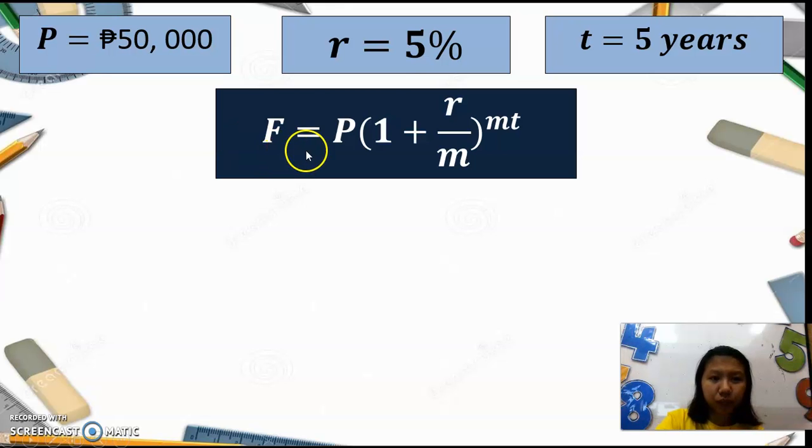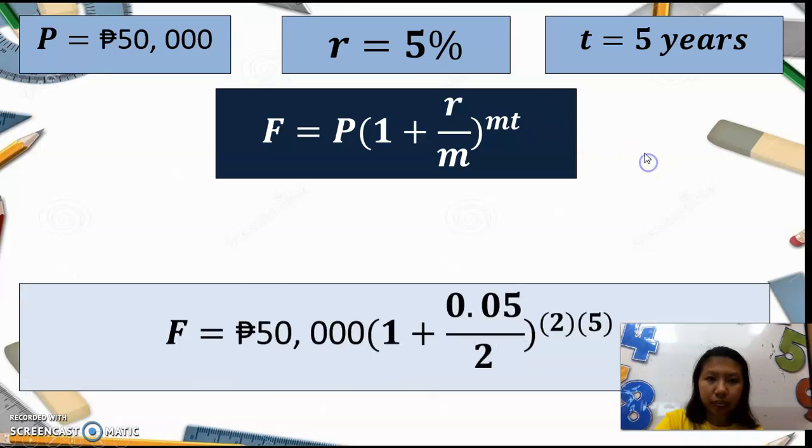Future value equals P, which is the principal amount, times the quantity 1 plus r over m, where the rate is converted into decimal, and m is the number of compoundings, raised to m times t, the number of compoundings multiplied by the time in years.